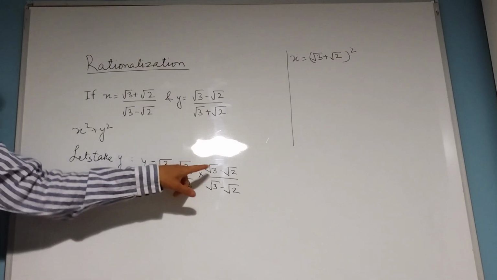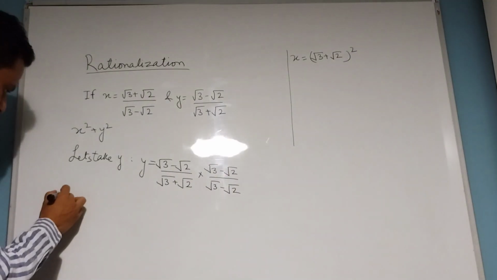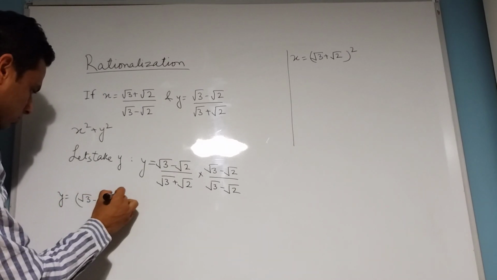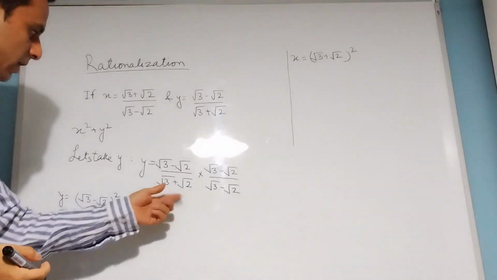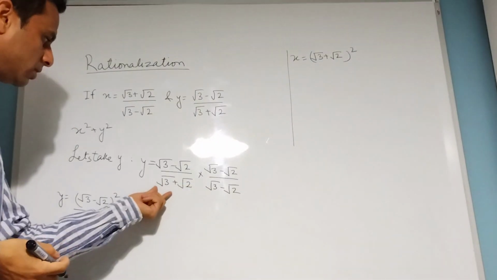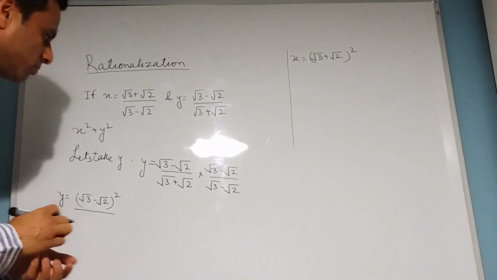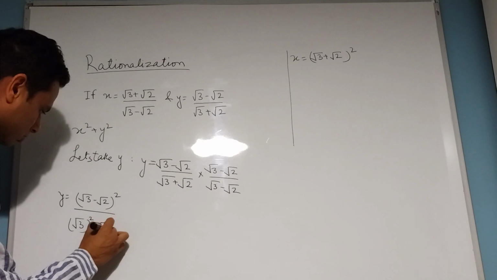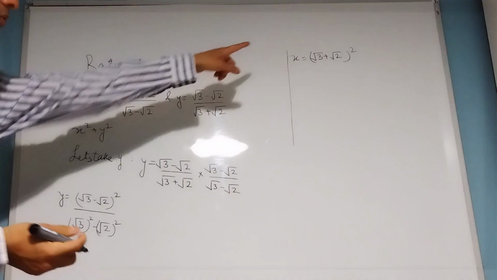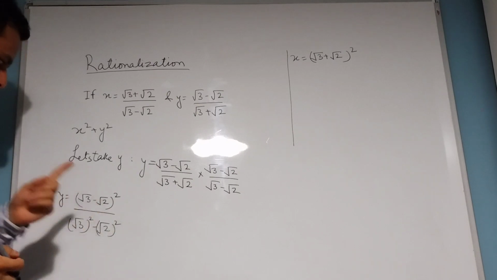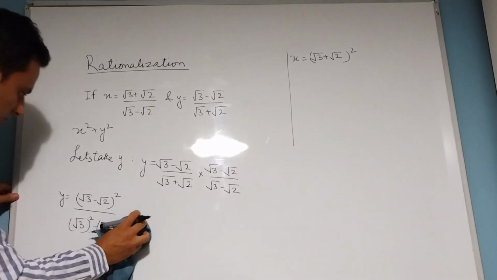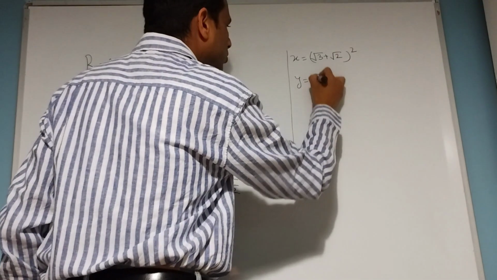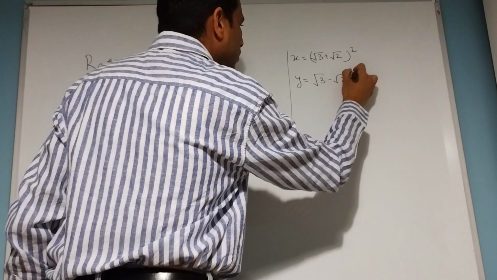We see root 3 minus root 2, root 3 minus root 2, which makes it root 3 minus root 2 whole squared divided by a plus b into a minus b. A squared minus b squared is the formula, which is root 3 squared minus root 2 squared. We saw it last time when we found the value of x. This is 3 minus 2 equals 1. So our y is root 3 minus root 2 whole squared.